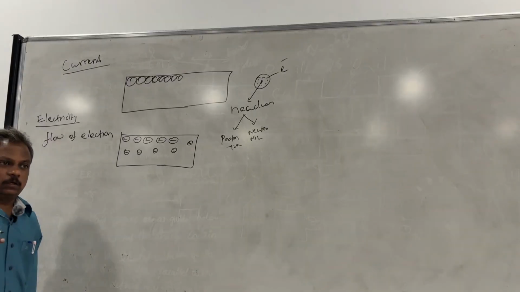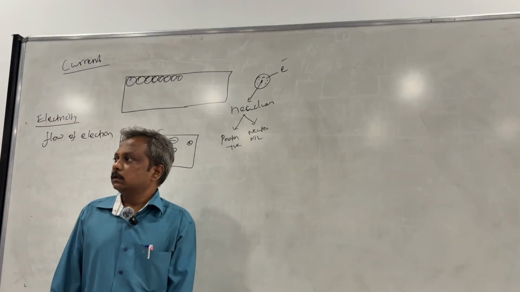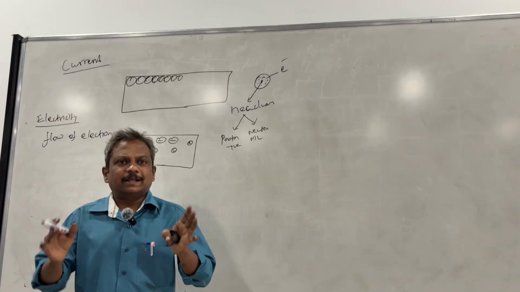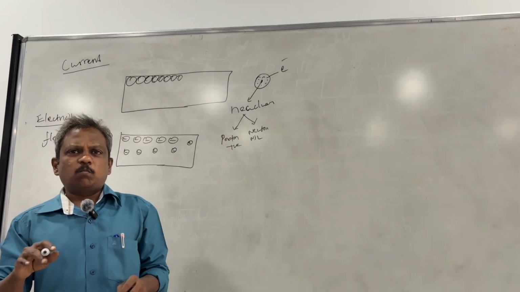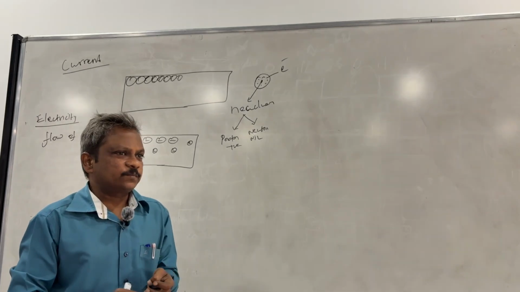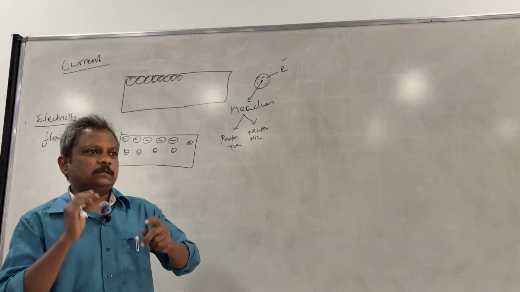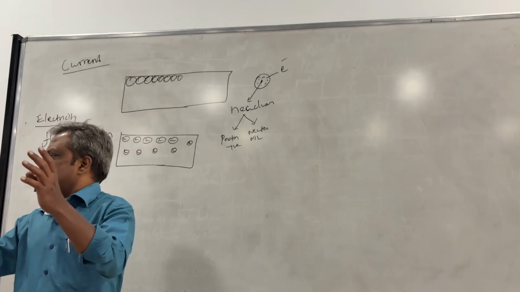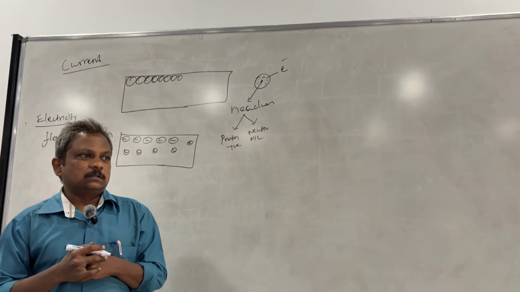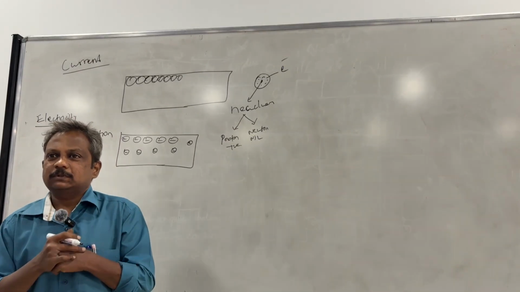Before I enter this classroom, you will be oriented randomly. Someone is chit chatting, someone is playing games, someone is sleeping. You are randomly oriented. But as soon as I enter the classroom, are you still doing the same?